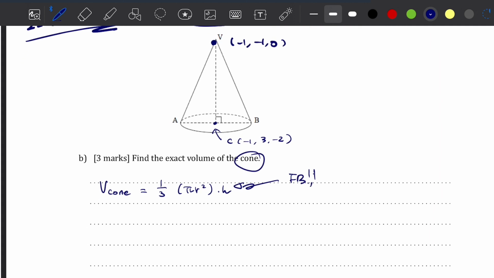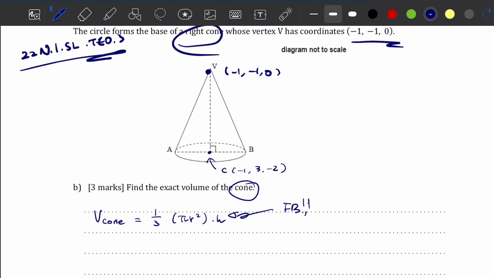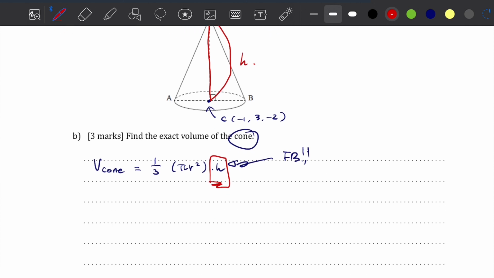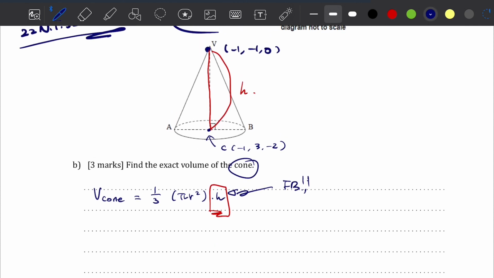So we first have to calculate the height. This is the only information that we are missing. The height is between the vertex and the center. So we're going to again use the distance formula to calculate the distance between the vertex and the center.